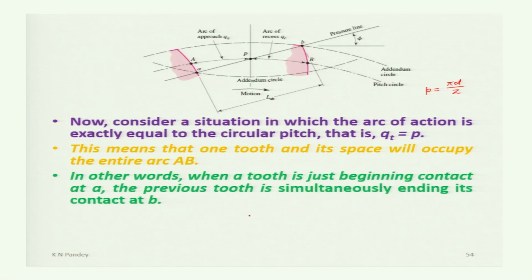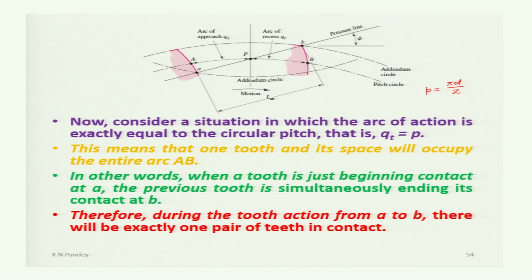In other words, when a tooth is just beginning contact at small a, the previous tooth is simultaneously ending its contact at small b, and therefore at a time only one gear tooth will be in contact.